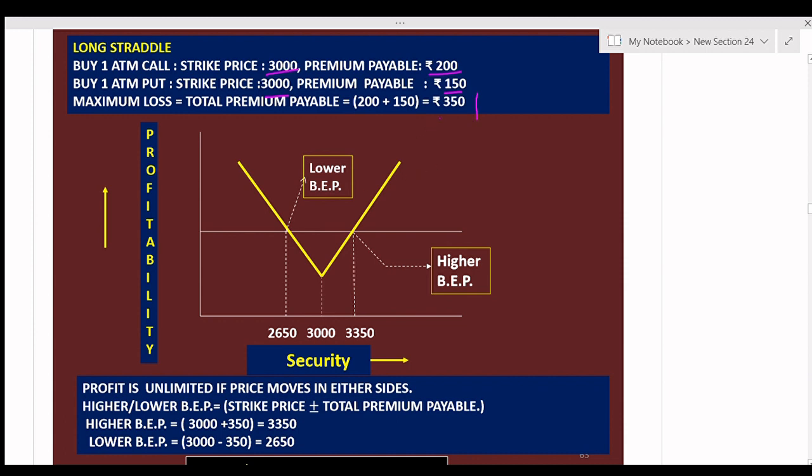So when the market price reaches the strike price, the trader will suffer the maximum loss, and this loss will decrease when the market moves on the bearish side or on the bullish side, and the loss comes down to 0 at the BEP point. And if it crosses the BEP, the profit starts and it may go up to infinity, unlimited.